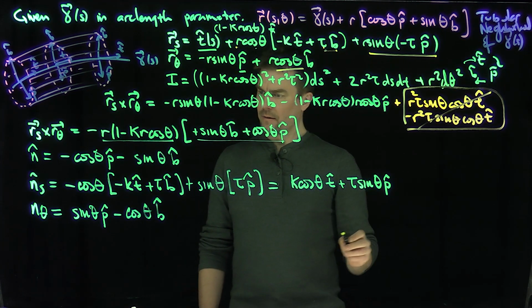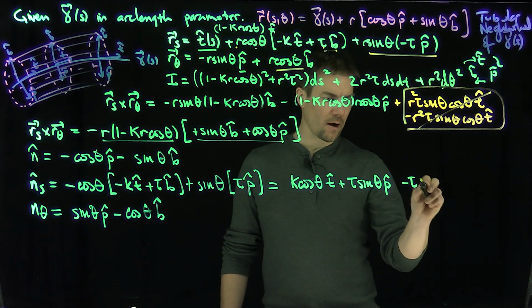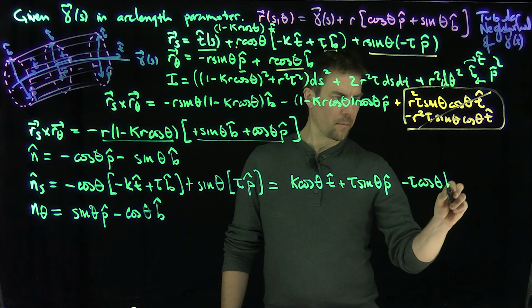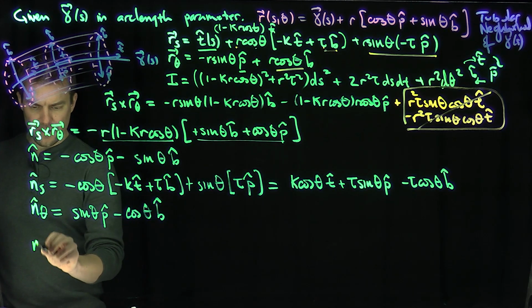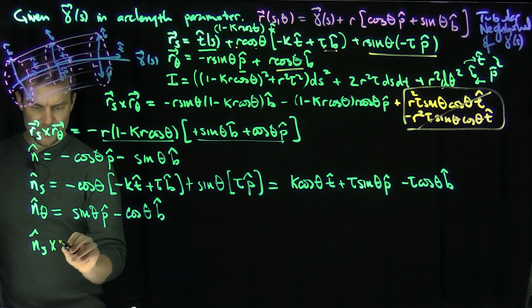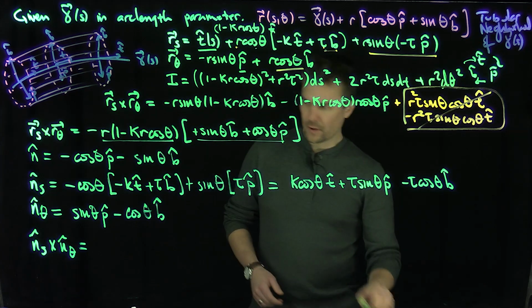And then that's going to be a positive, and then finally we have a negative tau cosine theta b hat, like that. Okay? So if I cross ns and n theta, what's ns cross n theta going to be? Let's do it slowly. So this is going to be what?